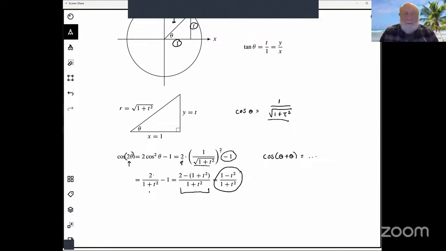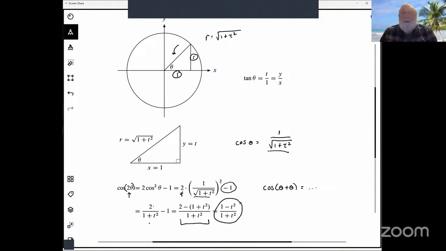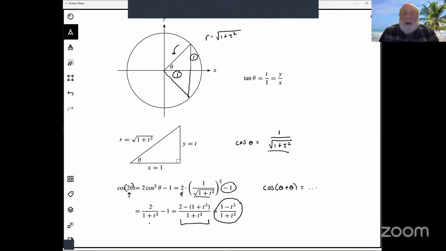Sure, shoot. So what if the t was negative? For example, what if you just flipped your triangle upside down across the x-axis so that you'd still have 1 on your adjacent side, I guess, but your t would now be a negative number. Yeah, exactly. I think this calculation still works just fine.